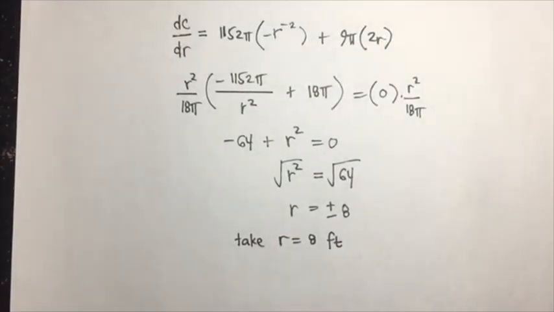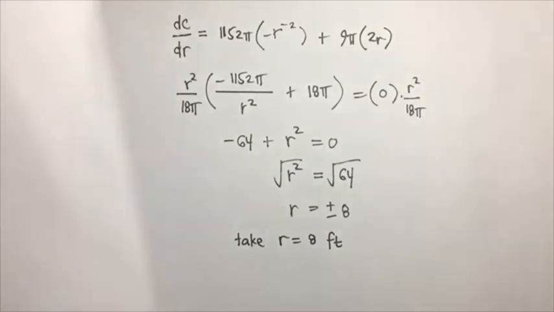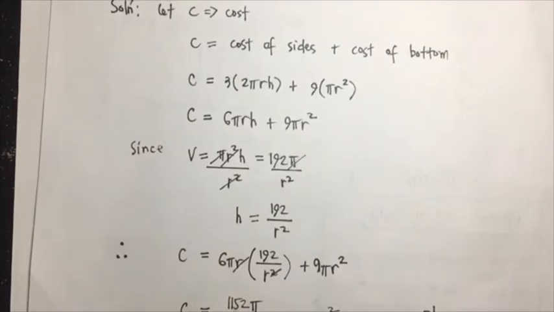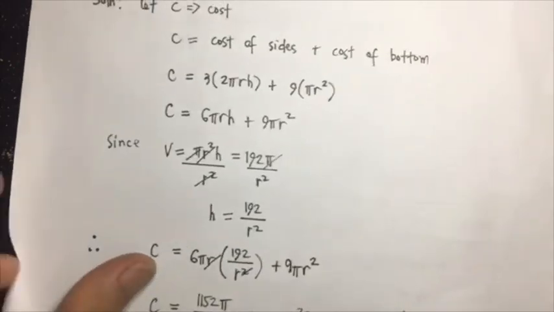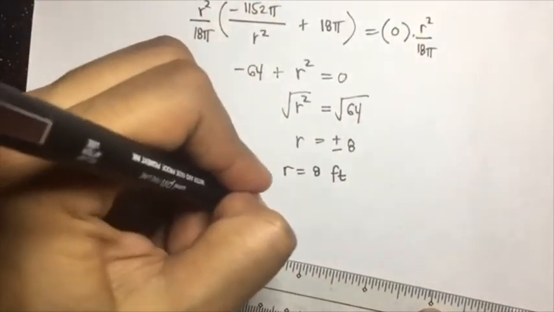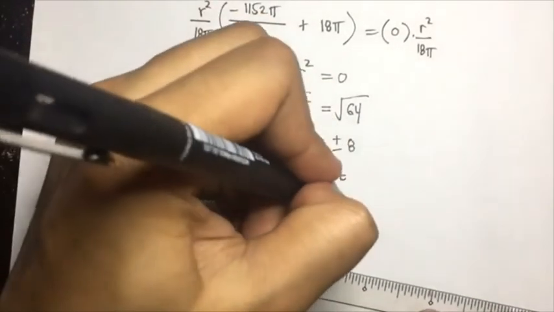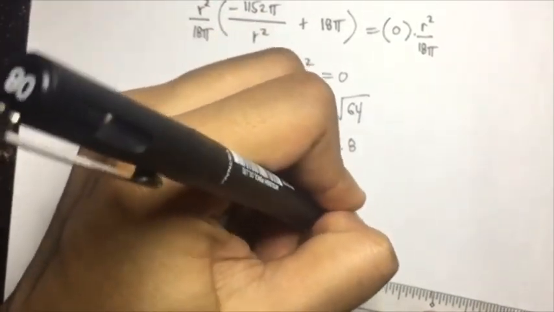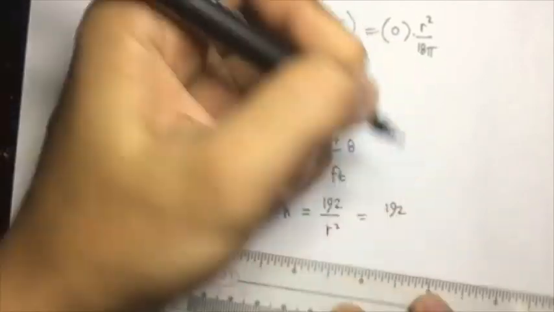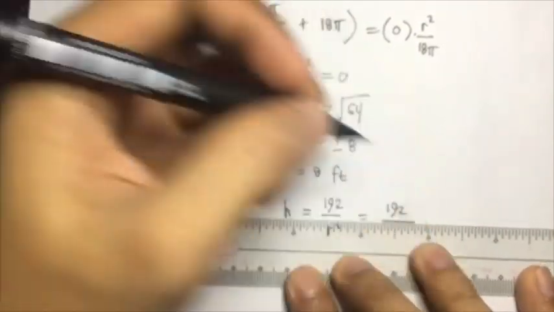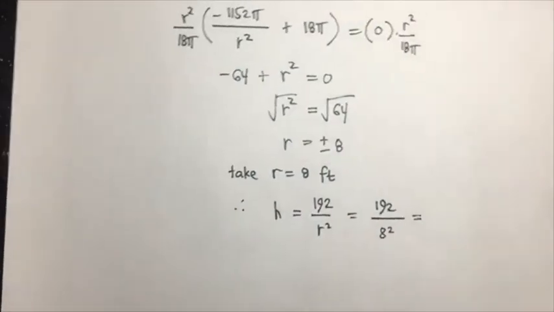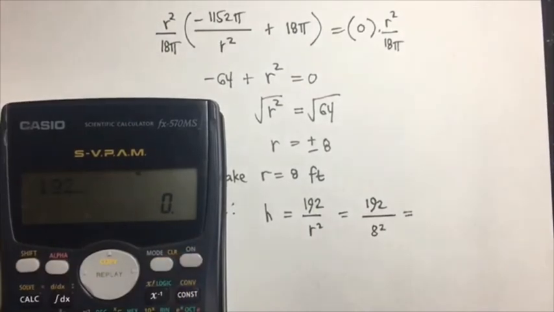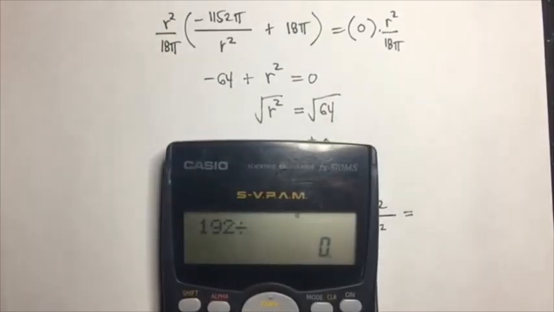Okay, so since we have our r already, from here h is equal to 192 over r squared. So that's 192 divided by 8 squared.